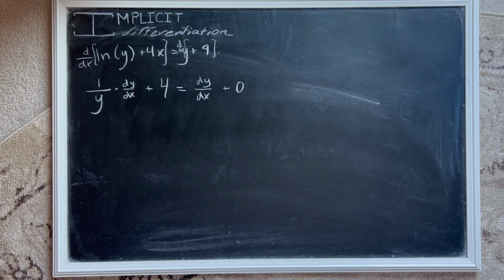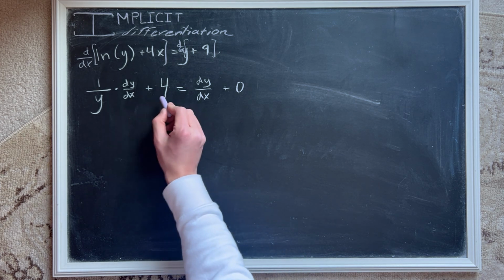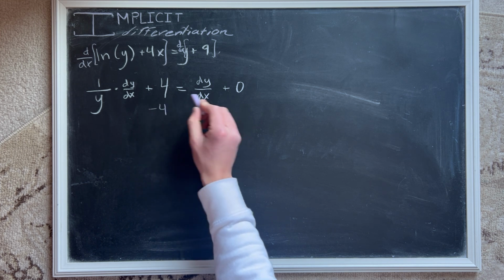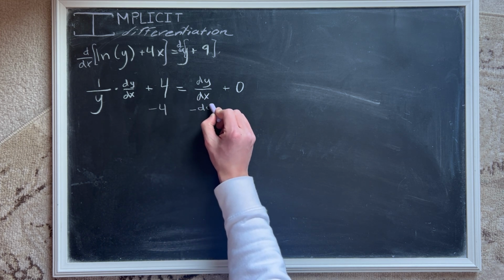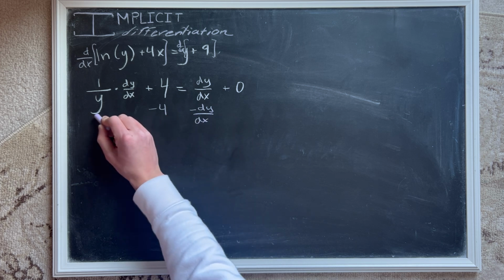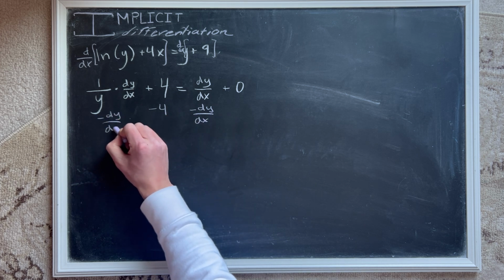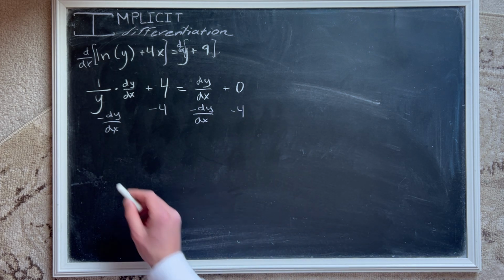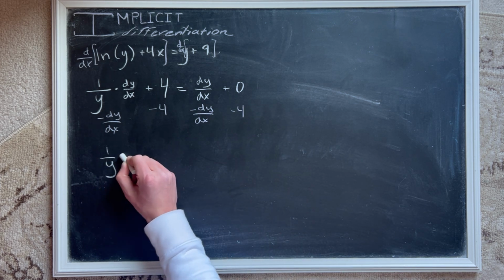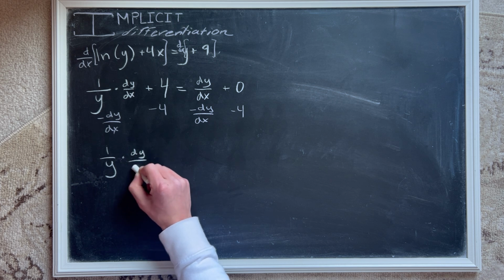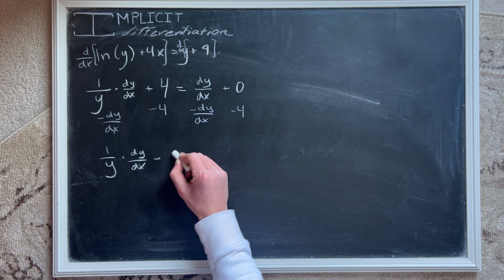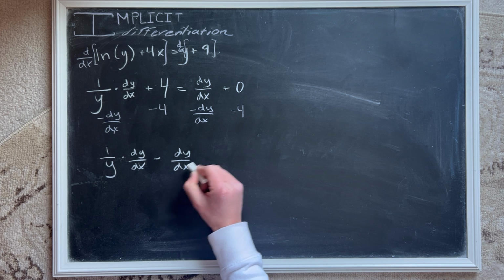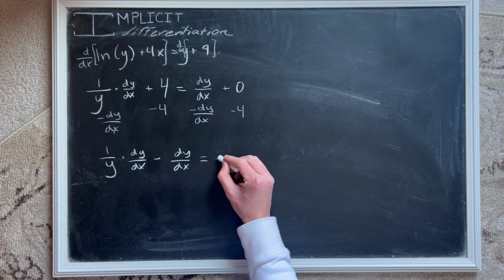So now we have a couple variables here. Let's move the 4 to this side, and then subtract dy over dx. So minus dy over dx, and then a minus 4. All right, so we get 1 over y times dy over dx minus dy over dx equals negative 4.